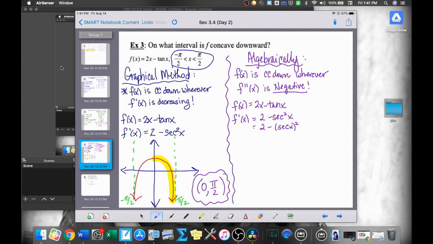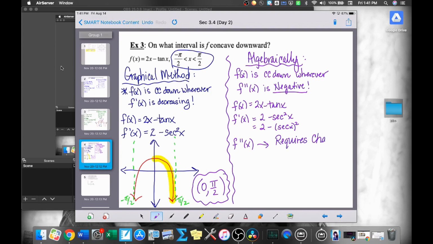So now I run into a problem, because if I have to find my second derivative, I have to be able to find the derivative of a trig function squared. Oh, shoot, I don't know how to do that yet. Okay, so f prime prime of x, I've run into a problem.